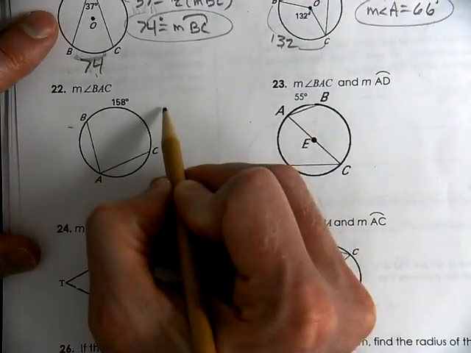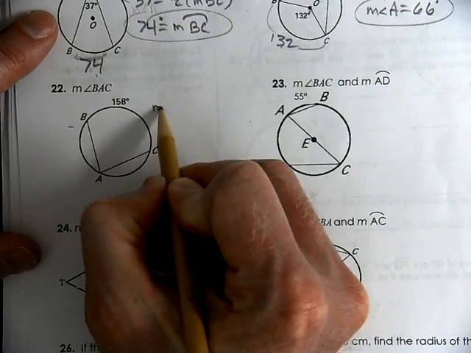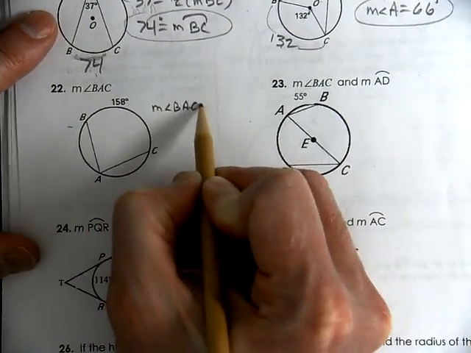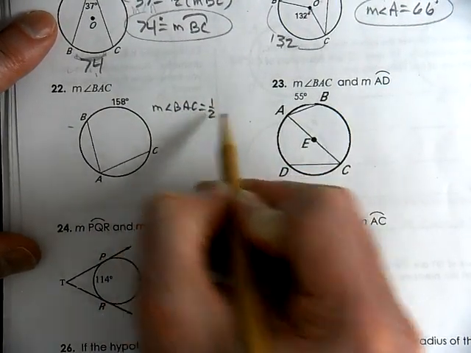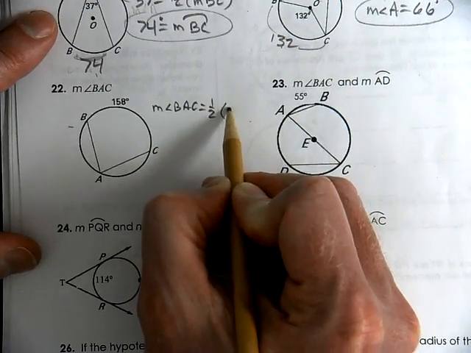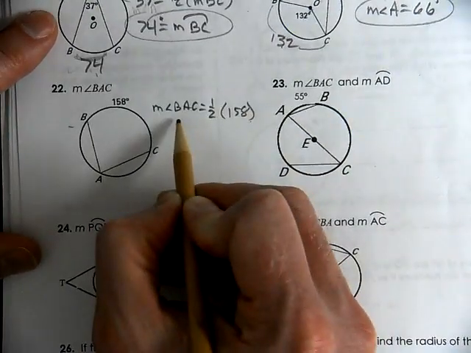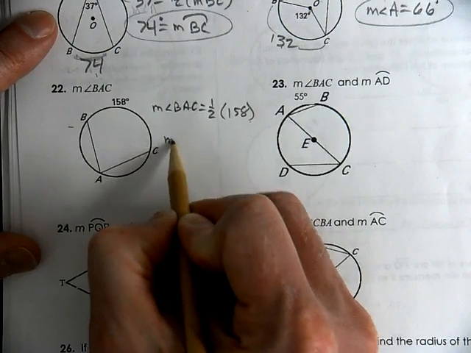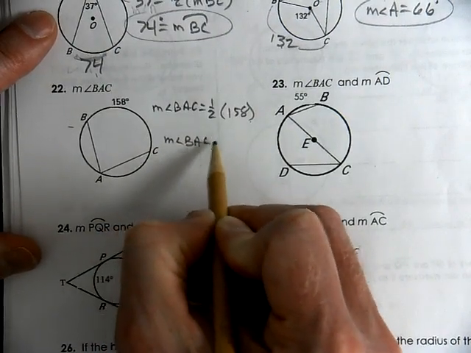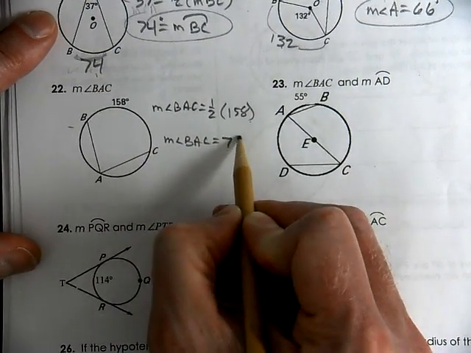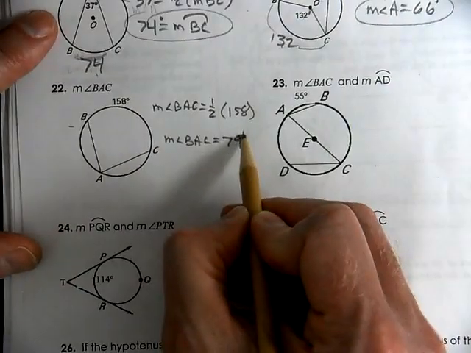BAC. The measure of angle BAC is going to be half of 158. That's going to be 79 degrees.